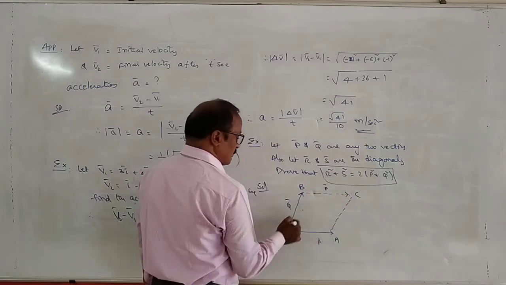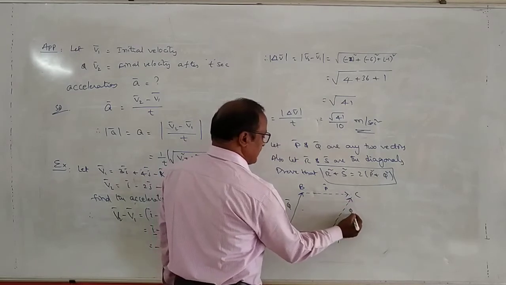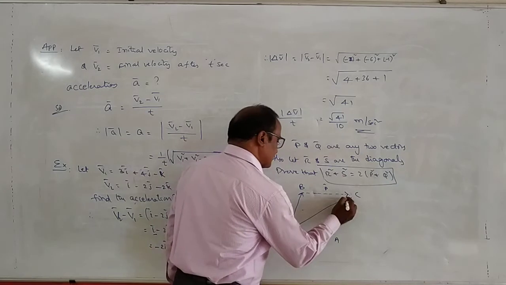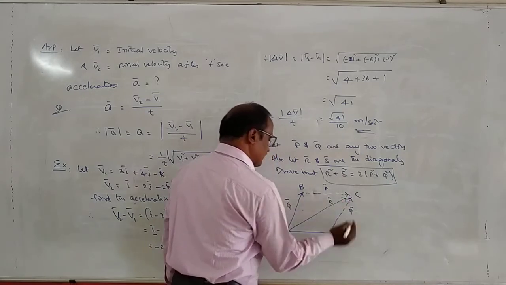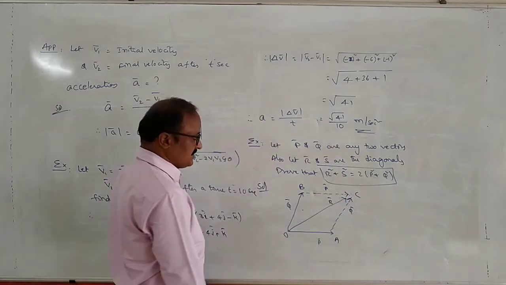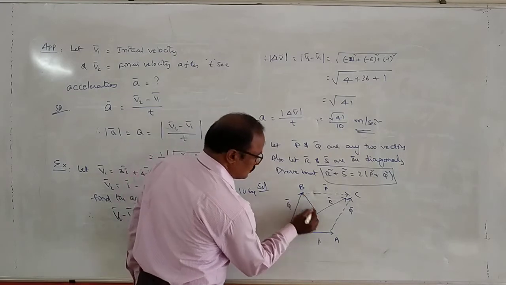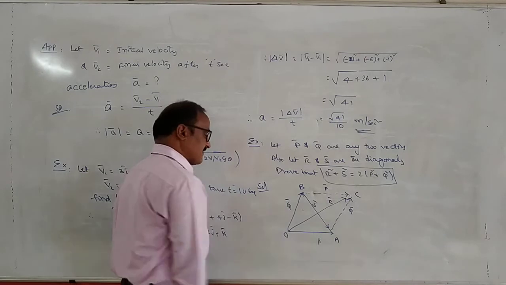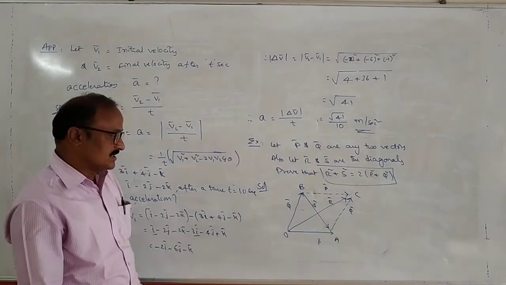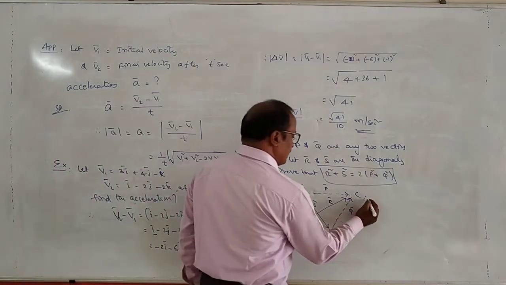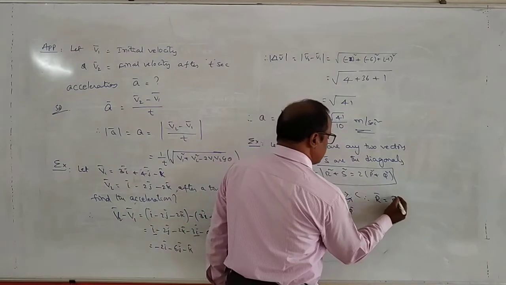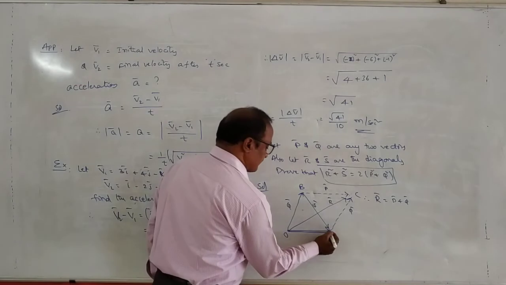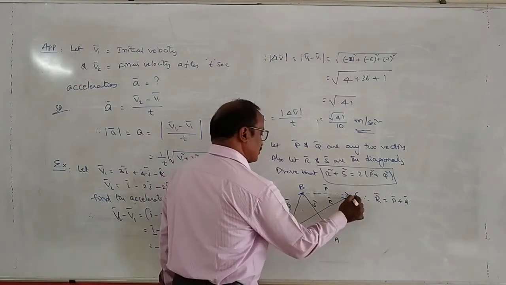AC bar is also equal to OB bar. One of the diagonals is represented by R bar, and I indicate that another diagonal is equal to S bar. See, in this example, R bar is nothing but the sum of P bar and Q bar. This is the first vector P bar, and this is the second vector Q bar.